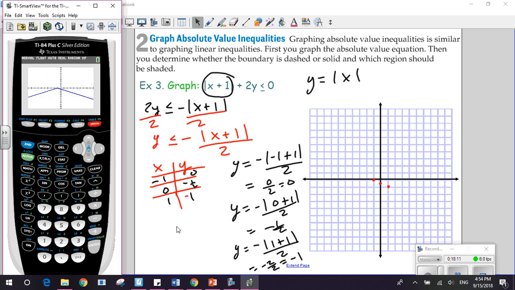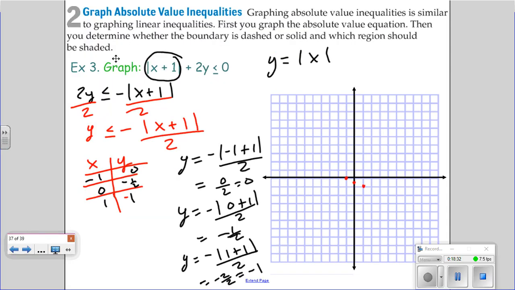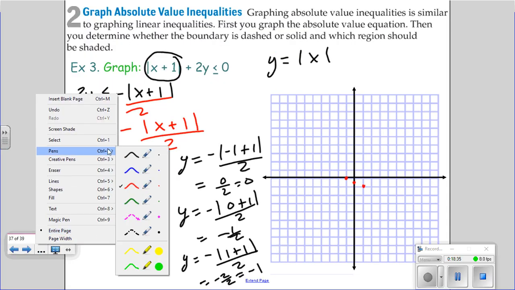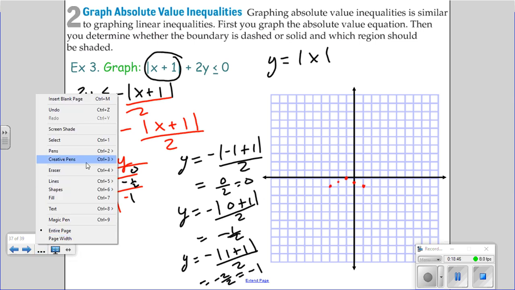So that's how the graph would appear. Since it is an equal to bar, we're going to make it a dashed line. It might be helpful to have a graphing calculator nearby to graph this properly, so you get some great points to use on your plot instead of just drawing random lines.